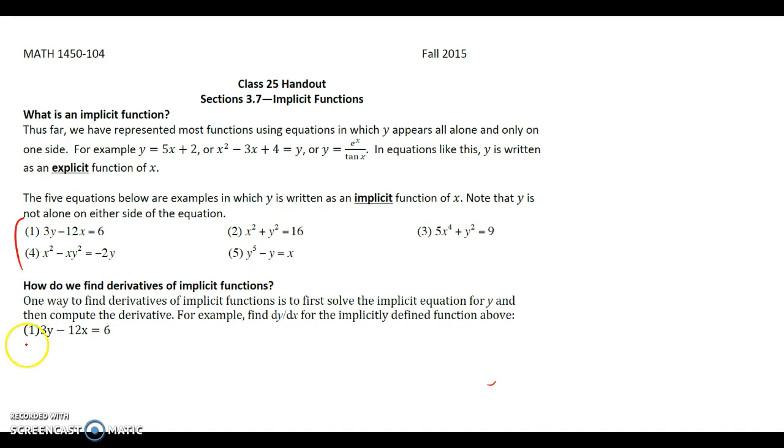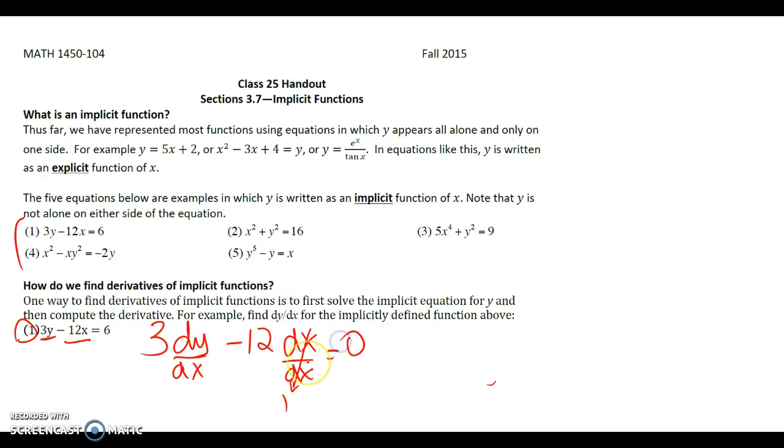But let's do it both ways here on number 1. If we solve this implicitly, we're always solving it with respect to x. So we're going to look at the derivative of 3y, which is 3 times the derivative of y with respect to x, minus the derivative of 12x, which is 12 times the derivative of x with respect to x, which is just 1, and the derivative of 6, which is 0.